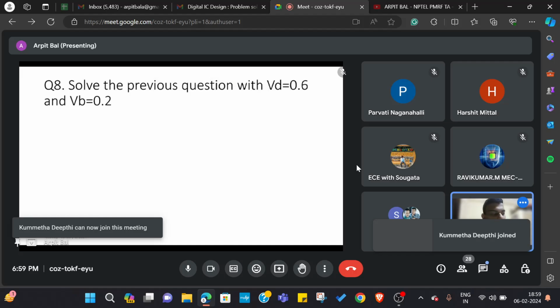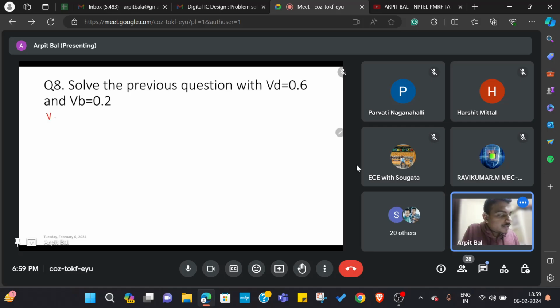Okay, but let us try to do this particular question. So it is given to us that VDB equals 0.6 minus 0.2 is equal to 0.4. Okay, in the previous question, because VDB is equal to 0, so CJ was equal to CJ naught. Okay, but in this question we need to calculate CJ.